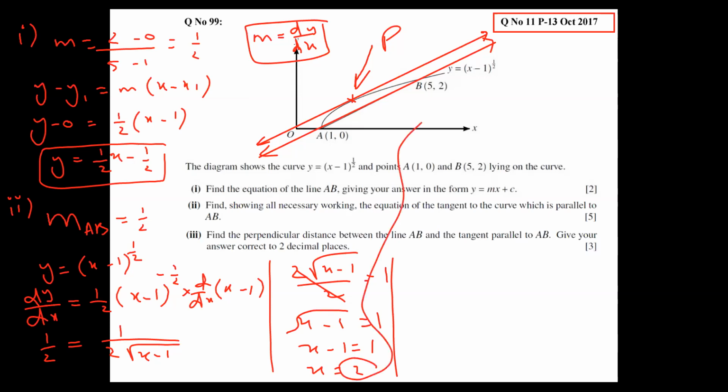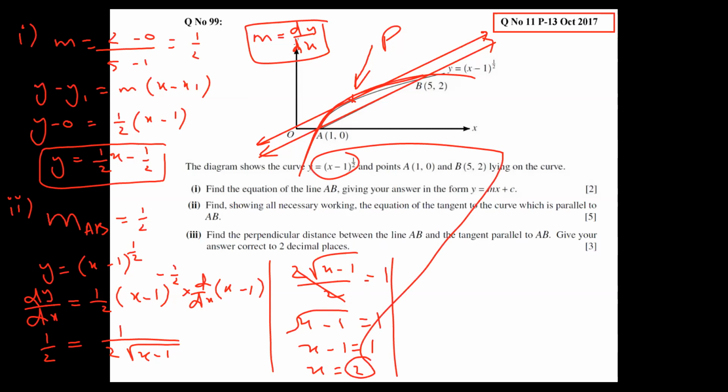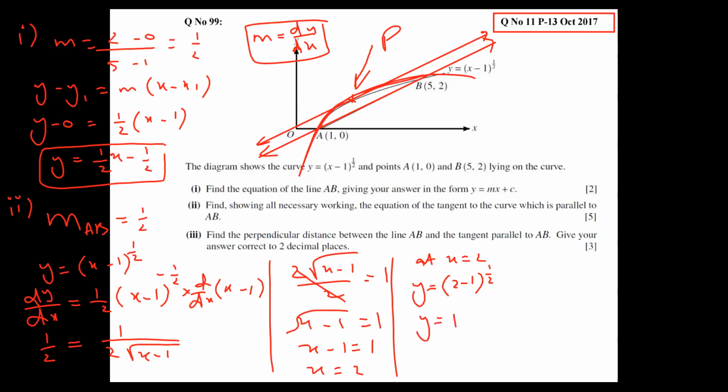This point lies on the curve, you can see there's a curve, so x equals 2 lies on the curve. So I can replace this 2 in the equation here and get the y coordinate. At x equals 2, y equals (2 minus 1) to the power half, and you know very well 1 to the power half is 1. So point P comes out as (2, 1).